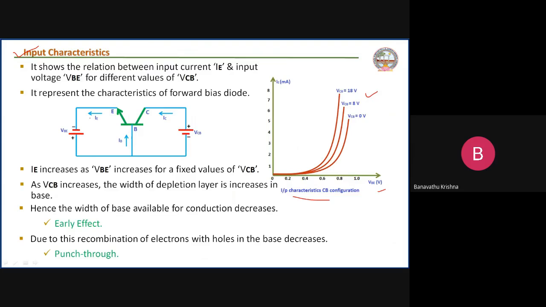It shows the relation between the input current and input voltage for different values of VCB.